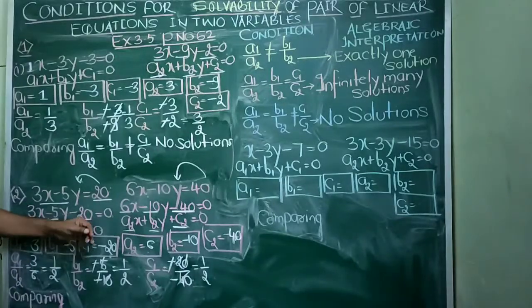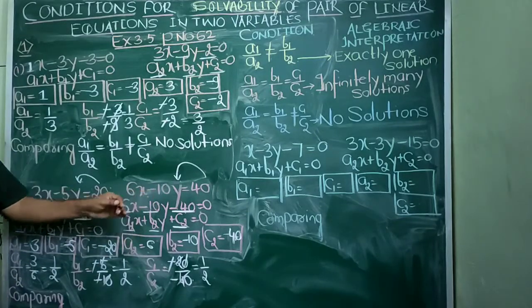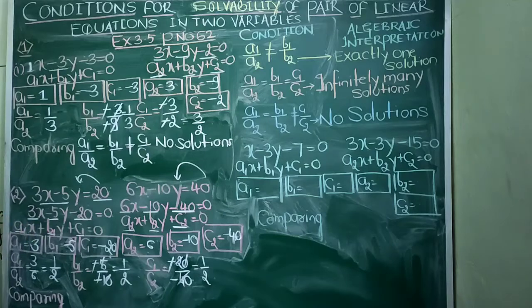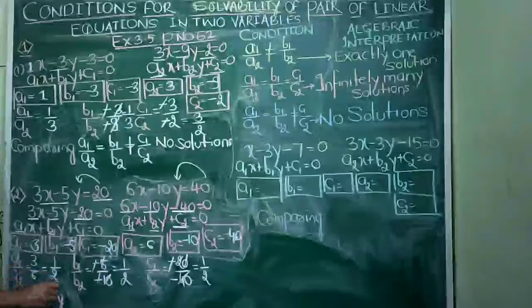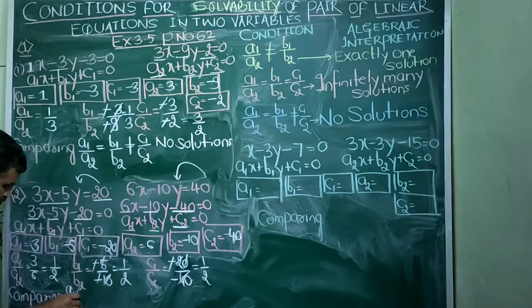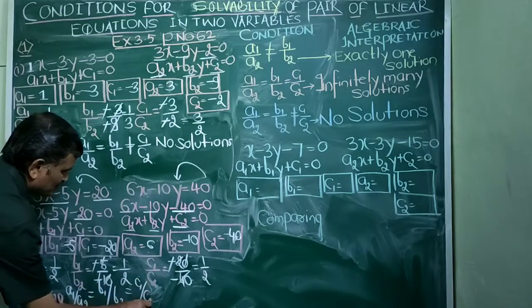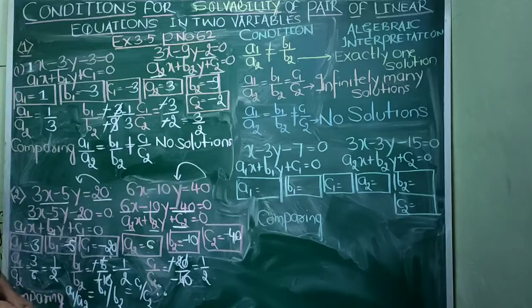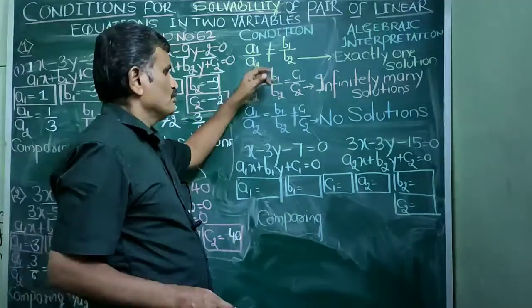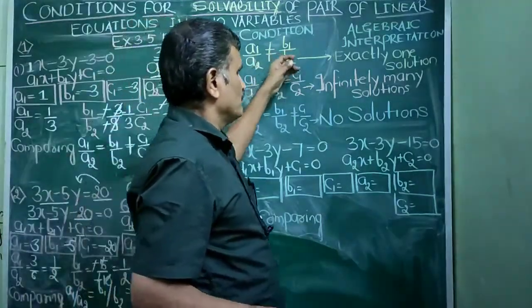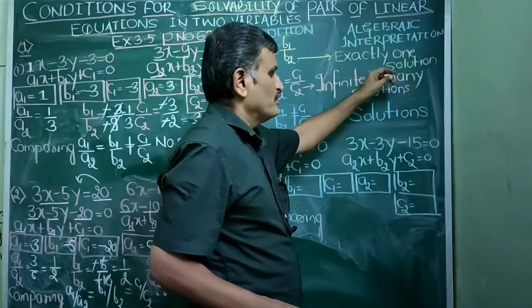When you find the ratios of all the three, all three have the same value, 1 by 2. So A1 by A2 is equal to B1 by B2 is equal to C1 by C2, and therefore the conclusion is that there are infinitely many solutions.